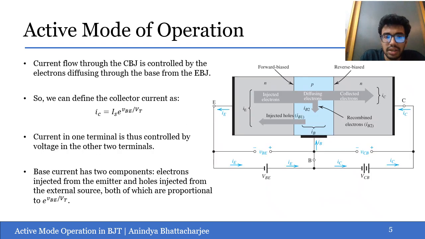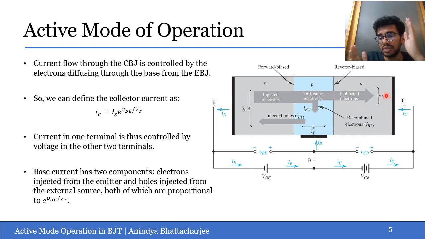If we express this mathematically, we already know this equation from our typical PN junction equation: we express the collector current as a proportional constant of the base emitter biasing. The base current should also be proportional to this base emitter biasing, but it should be relatively smaller compared to the collector current due to our design choices.